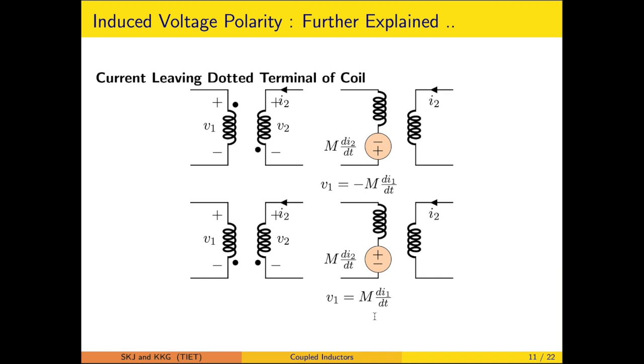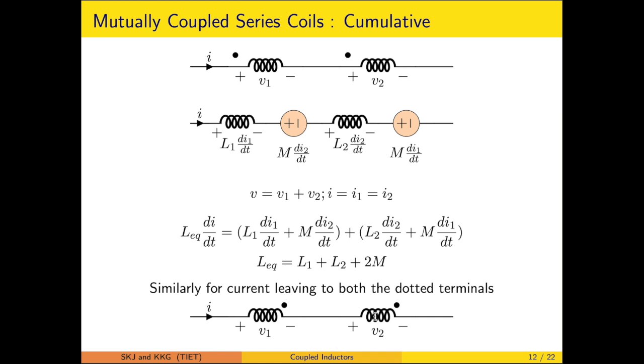So this process we will be utilizing while calculating the net inductance of the series and parallel coupled inductors. Let's say there are mutually coupled inductors connected in series. We will go by the nomenclature that the first inductor is carrying the current I1, the second inductor is carrying the current I2. Here the current is entering, here also the current is entering.